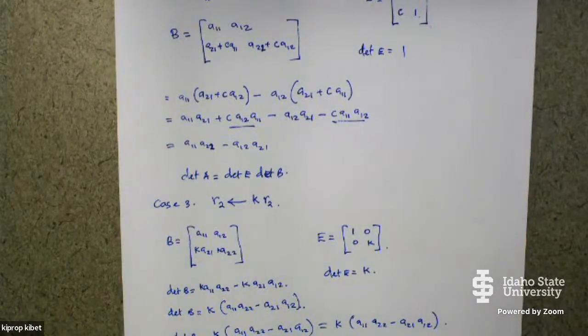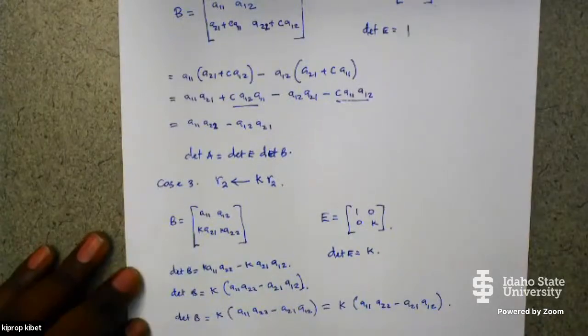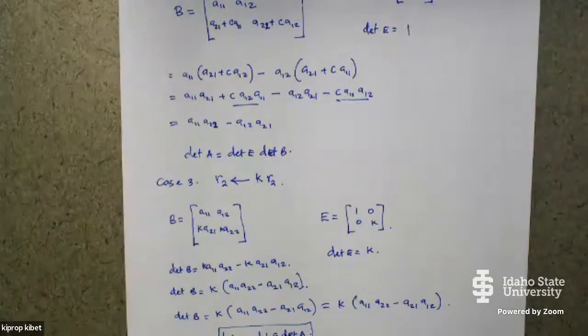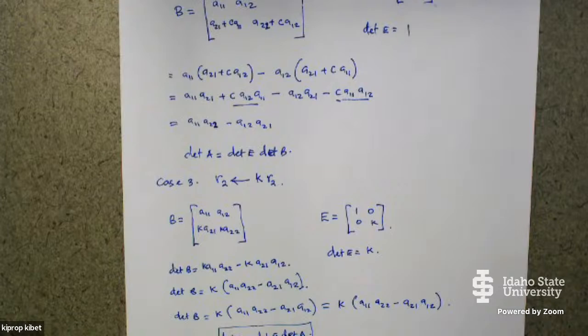They are similar. Therefore, the determinant of B is equal to the determinant of E multiplied by the determinant of A. So those are the three main important properties of a determinant.